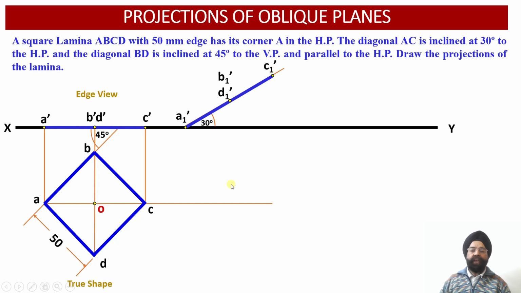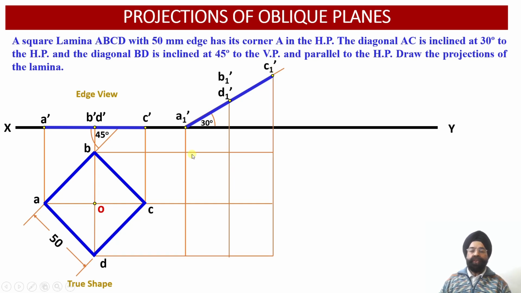Now we are required to evaluate the top view projections of this lamina. So here the corresponding points in the top view we are required to obtain. And how will the corresponding points be obtained over here? From all these 4 points A1 dash, B1 dash, C1 dash and D1 dash, we are going to draw vertical projectors in the downward direction.